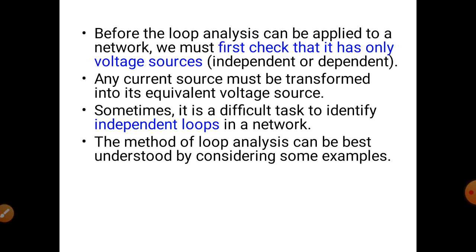If any current sources are available, they can be transformed into equivalent voltage sources. This is the main thing. The current source is converted into an equivalent voltage source, and next we apply Kirchhoff's voltage law, solve the equations, and find the unknown values.